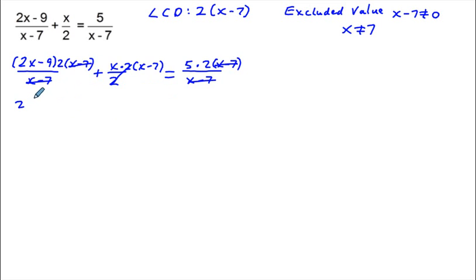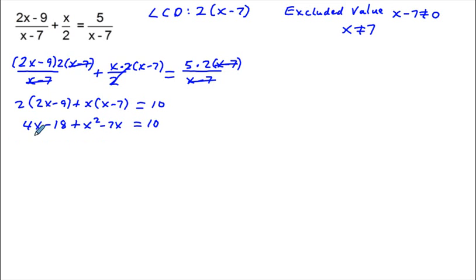So we're left with 2 times quantity 2x minus 9 plus x times quantity x minus 7, and that's going to be equal to 5 times 2 on the right, so I'll just put 10 right here. And then we're going to distribute on the left, so we get 4x minus 18, distributing the 2 here, plus x squared minus 7x is equal to 10.